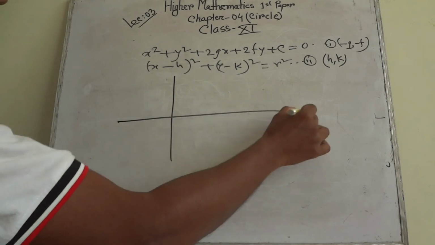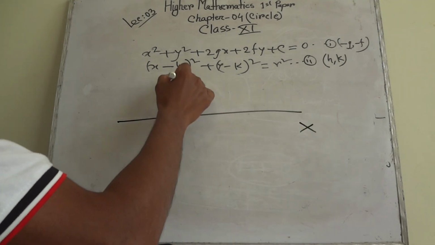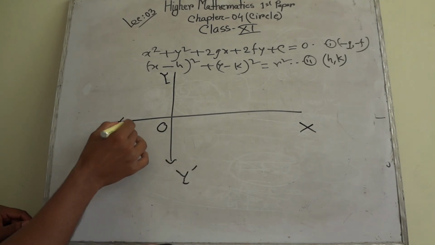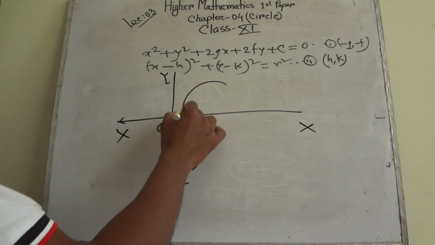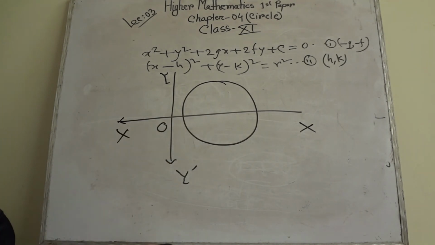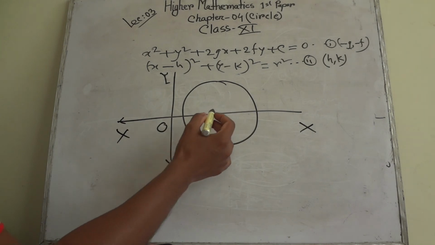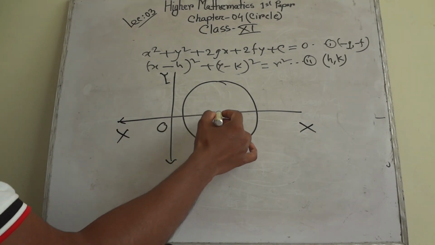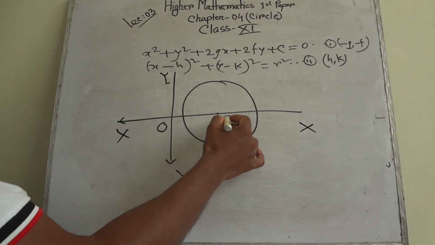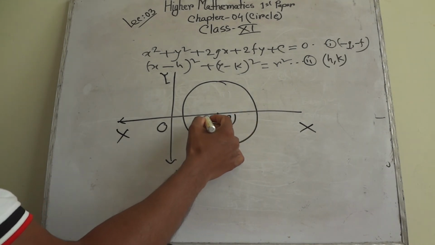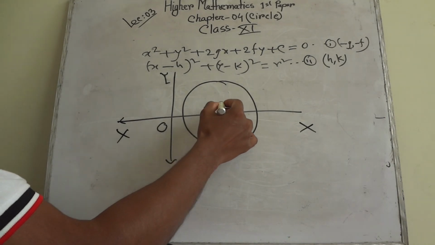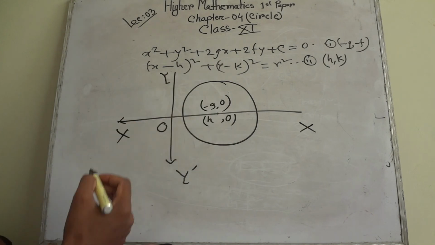this is the x-axis, y-axis, origin, y prime, x prime. I have taken a circle, but the center of the circle lies on the x-axis. So the y-coordinate will be 0. That means this is equal to (a, 0) or (minus g, 0).